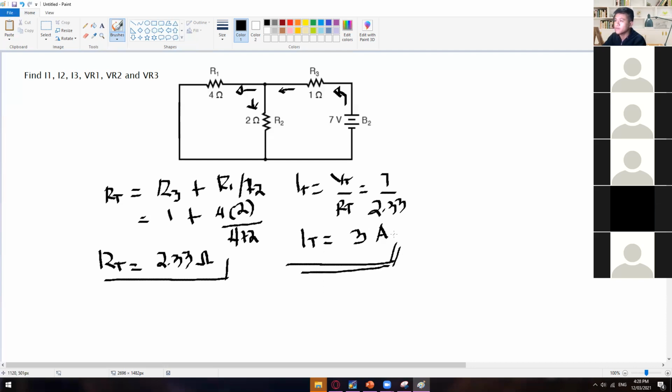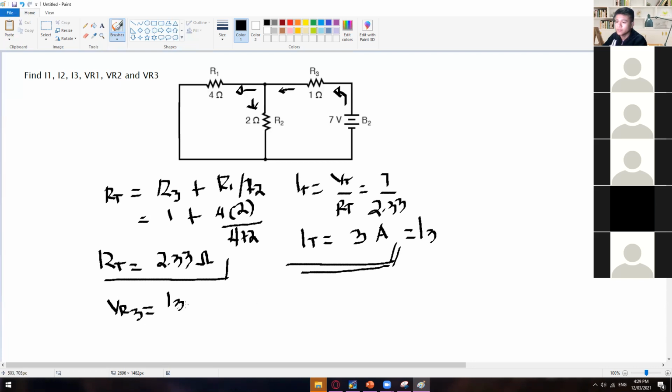Okay, and then from here you can actually already get the VR3, or the IR3. So IT is actually equal with our I3 or IR3 since they are in series with each other. And for the VR3, we can also solve for that one already since we already have the value of I3.